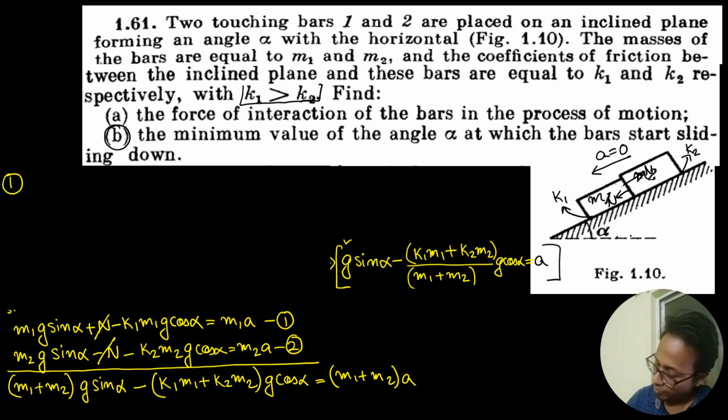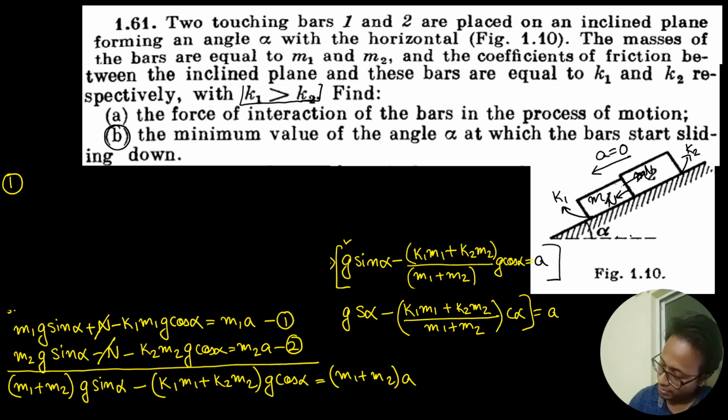Before substituting, let's make it a little bit neat and clean. I'm taking g common out here: g sin alpha minus (k1 m1 plus k2 m2) by (m1 plus m2), into cos alpha, is equal to a.